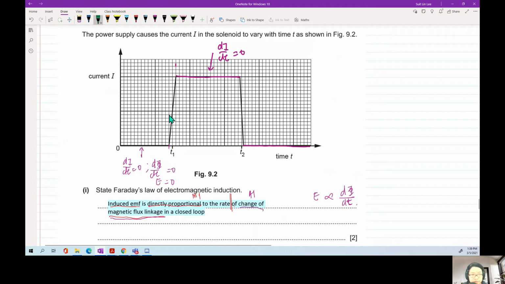Meaning to say, the di dt at T1 is equal to half the gradient at T2. Let me rewrite. So for this part here, the d flux dt, which is also the di dt at T1, is equal to half the gradient at T2.